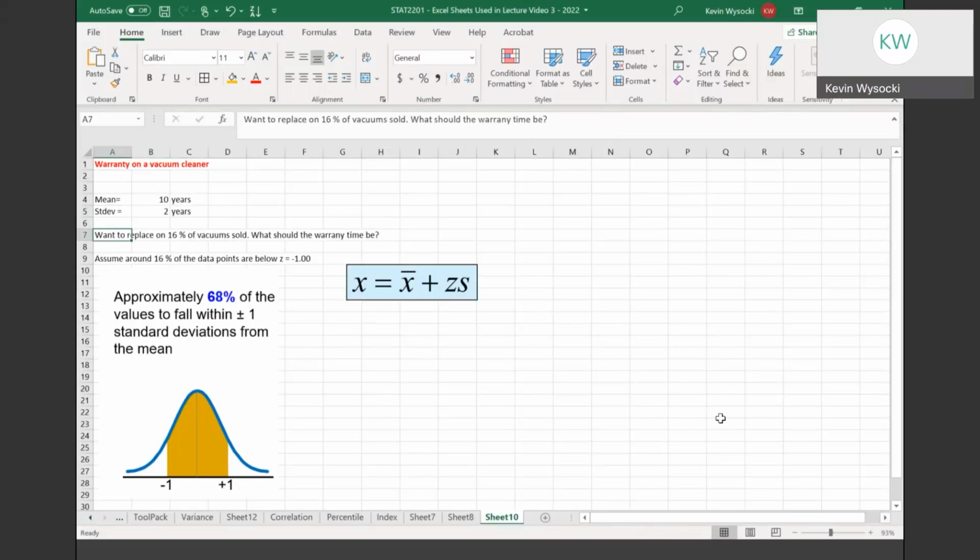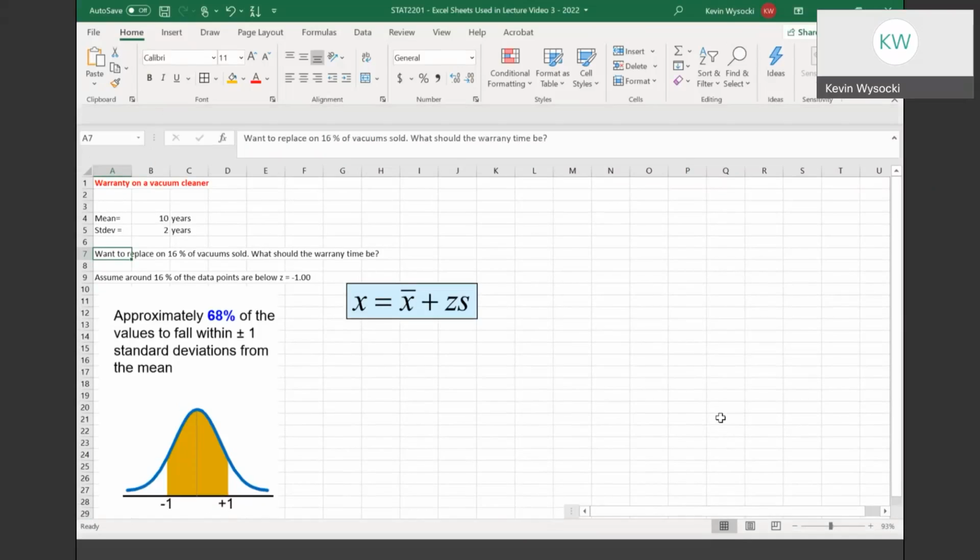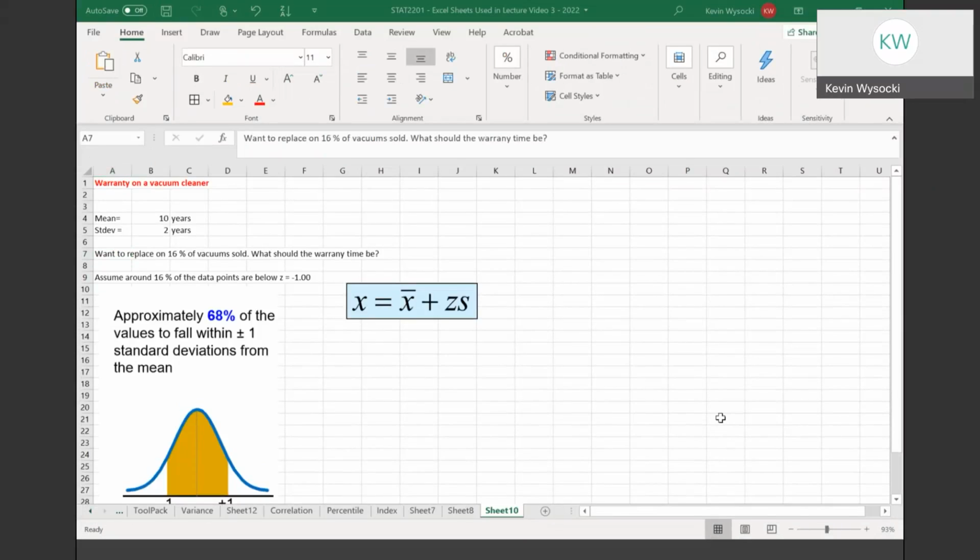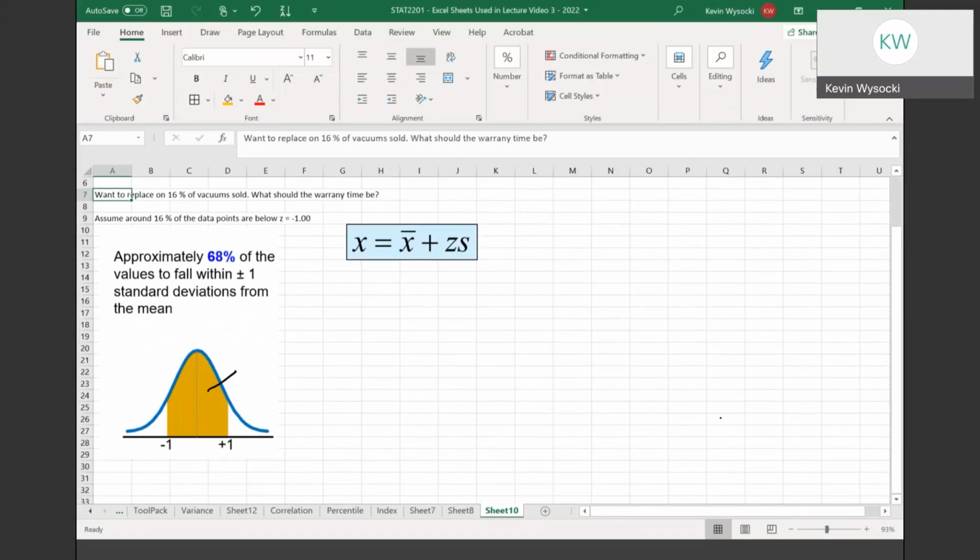How do I get that from the chart? So you'll be looking at these Z charts, and you'll be answering questions kind of like I'm doing here with the percentages, okay?